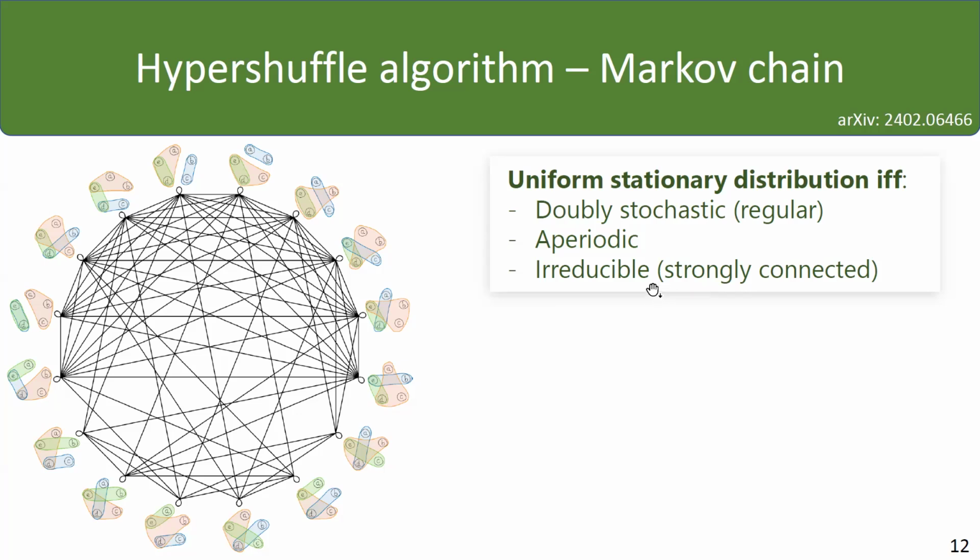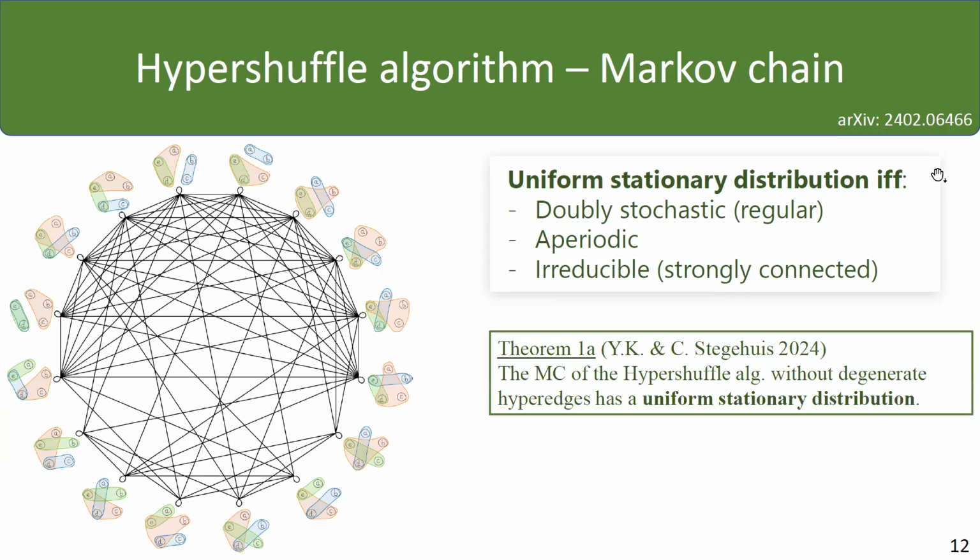And it needs to be irreducible, meaning that wherever we start on the Markov chain, we can reach any other state as well. This is a very interesting property. It's quite difficult to show as well in general. But we were able to show that for this specific algorithm, the Markov chain indeed has a uniform stationary distribution.